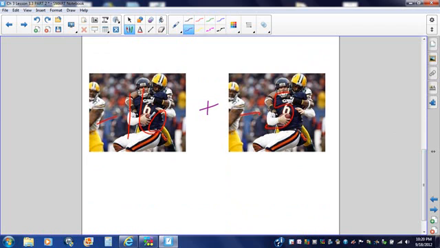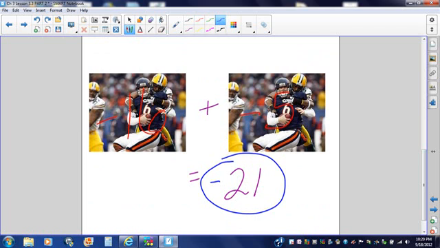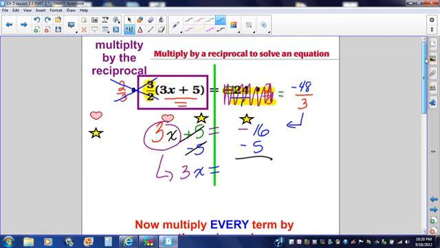Altogether, 16 plus 5 gives us 21. Since he was sacked twice, Mr. Phillips is not happy. So a negative 16 and a negative 5 gives you a negative 21.